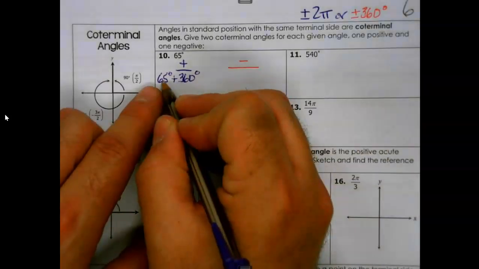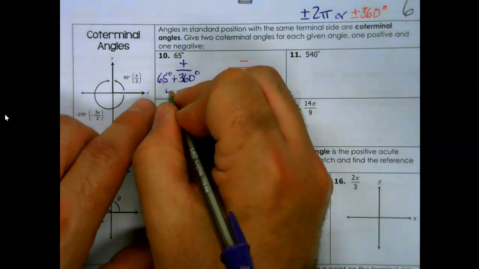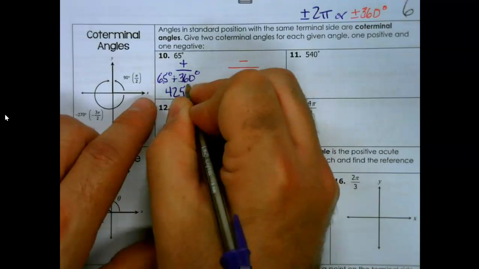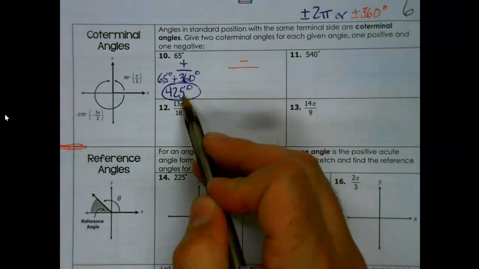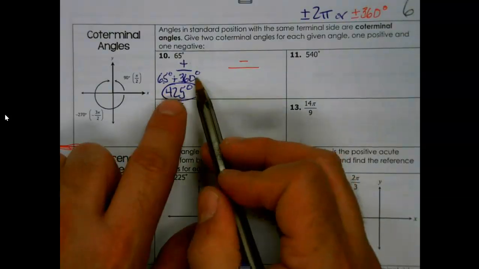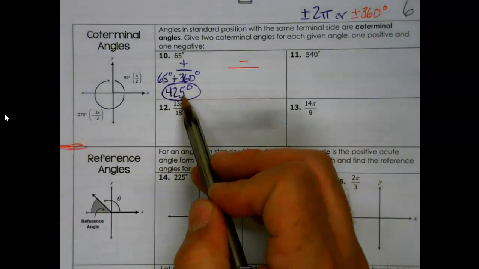So if I take 65 and I add 360, 425 degrees is a positive angle, and it's 360 degrees more, so it's coterminal.